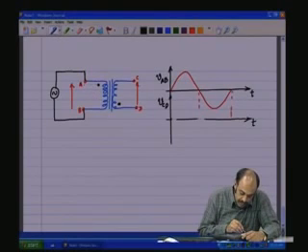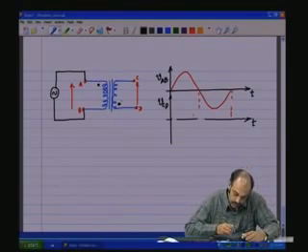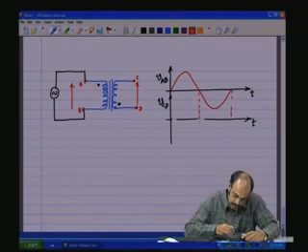When A is positive with respect to B, it means that the dot portion will be positive with respect to the non-dot portion. So, if A is positive with respect to B, D will be positive with respect to C. So, in VCD, C will be negative with respect to D. So, we would see that there is a reversal of polarity.